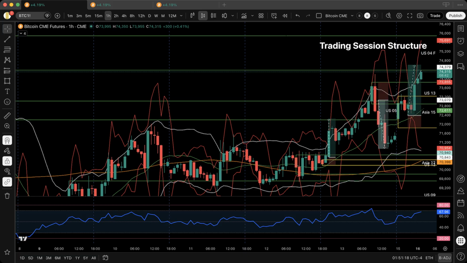It broke below the lower boundary of the March 5th U.S. anchor and drifted toward the upper boundary of the March 12th U.S. anchor. This behavior illustrates something important: structural memory. Older session anchors remain active long after they form. Because structure is not erased when candles move away. Structure persists. Which leads us to the fourth axis.